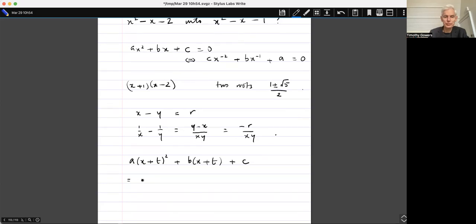So that equals ax squared plus b plus 2ta x plus c plus bt plus at squared.